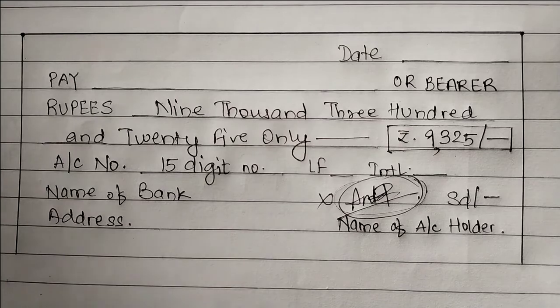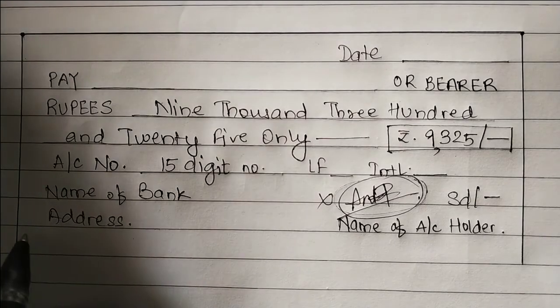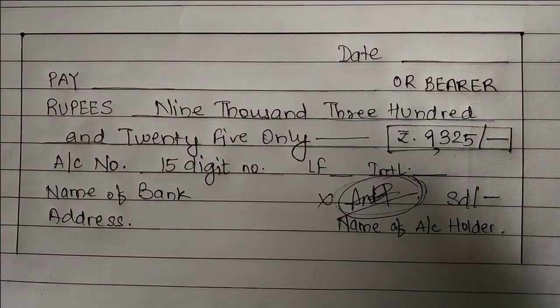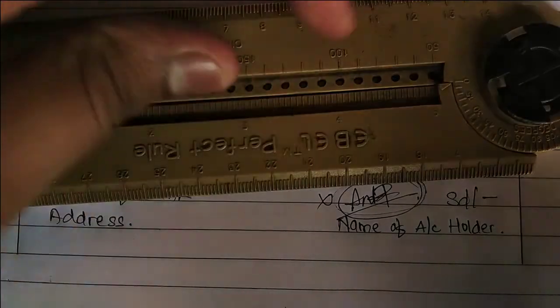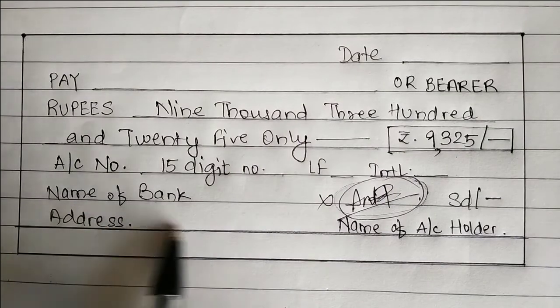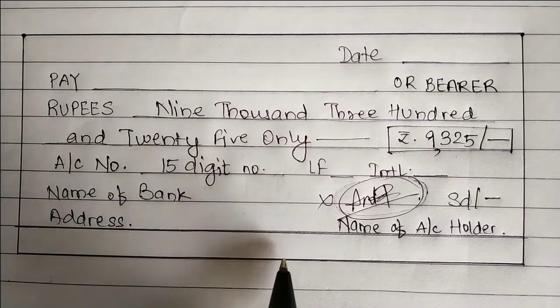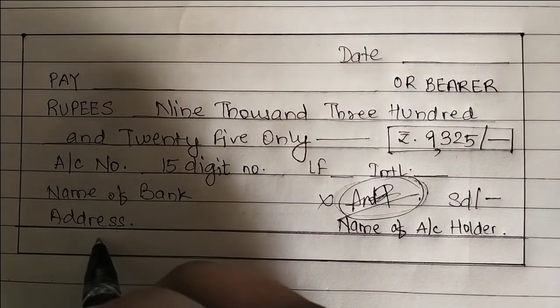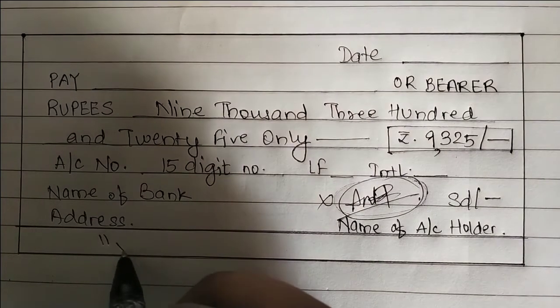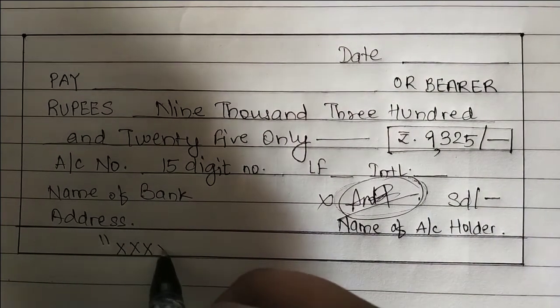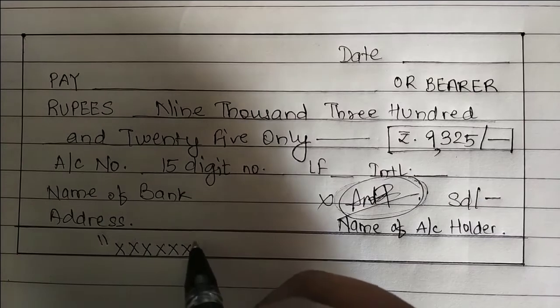Now my check is almost complete. So I am going to draw a line below this. So just excuse me. Make the lines like this. One line and the other line. Now this area is for some numbers. So first of all, I am going to write my check number. 1, 2, 3, 4, 5, 6.